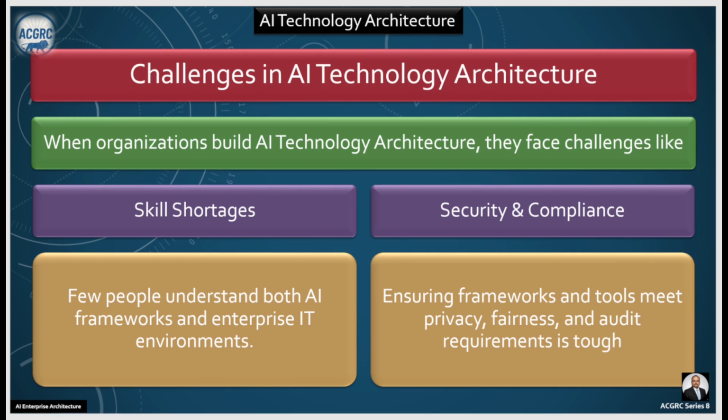Today we have more people understanding the IT environment at enterprise level, and many are trying to understand the AI framework. But to get skills who understand both equally well, there is a serious shortage. While this shortage will be there for some time, it might be covered in the next few weeks, months, years as we go. It improves daily. From a security and compliance perspective, ensuring frameworks and tools meet privacy, fairness, and audit requirements is tough, extremely difficult.